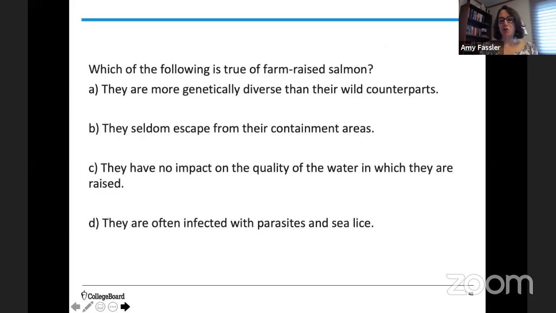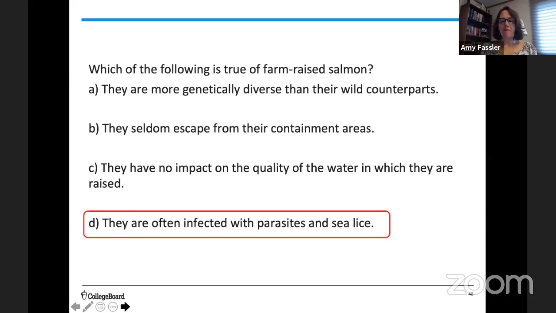Which of the following is true of farm-raised salmon? This is kind of specific. They are often infected with parasites and sea lice. It's a pretty interesting story about fish farming in British Columbia, up in the Pacific Northwest, where these huge fish farms have emerged.